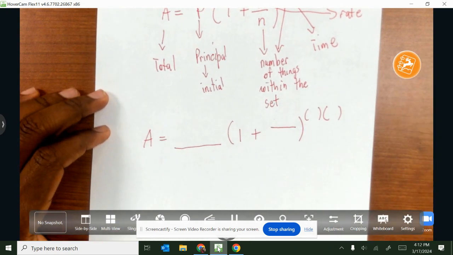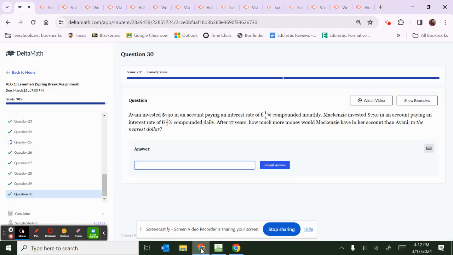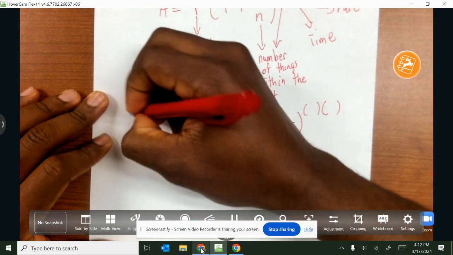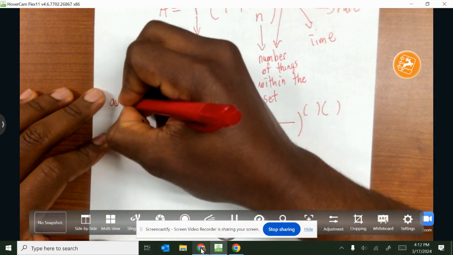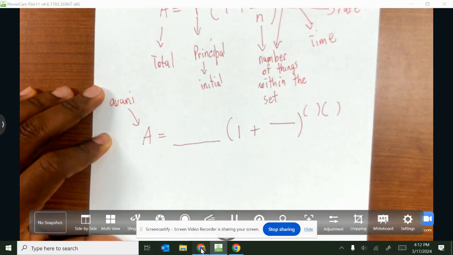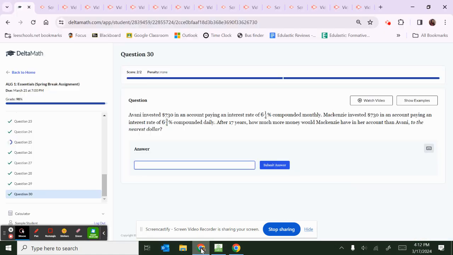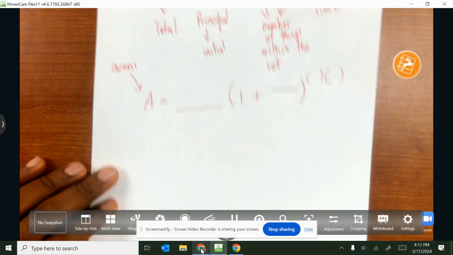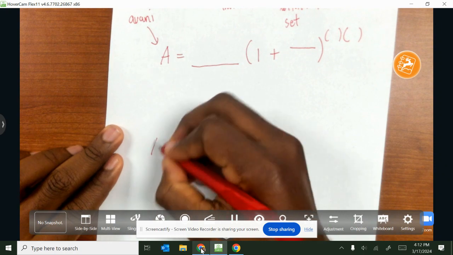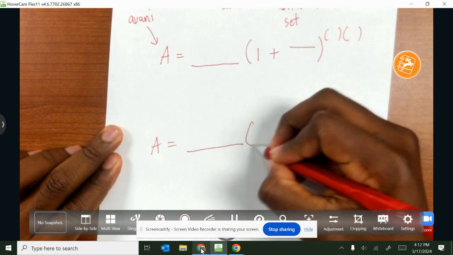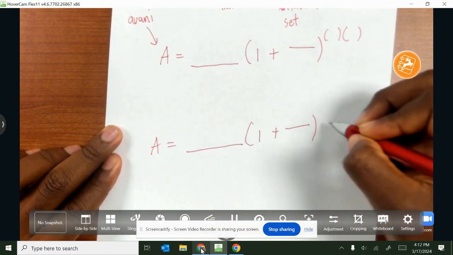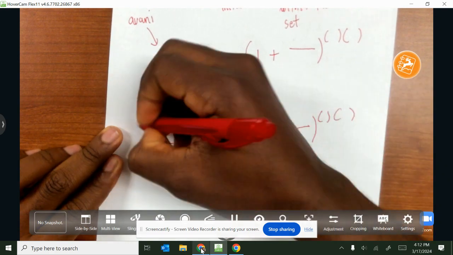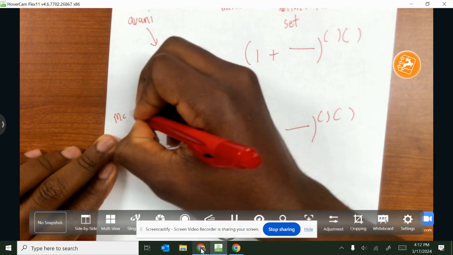So we're gonna do this formula for Avani. Then we're gonna do the same thing, but for Mackenzie. So we're gonna do the same formula again, same setup, but this will be for Mackenzie.